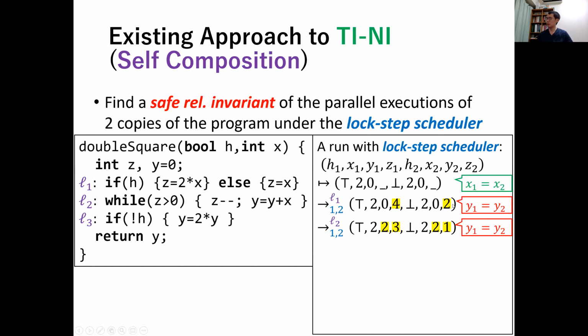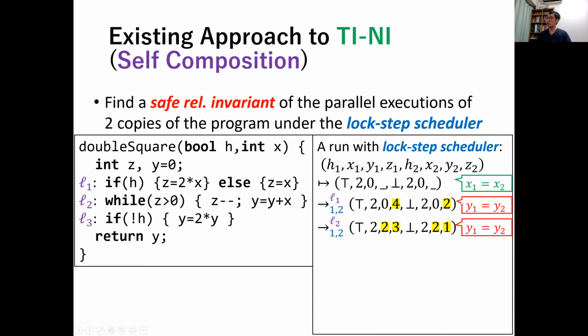You execute them again under lockstep scheduling, and this executes the loop, and the value of Y is incremented by X, so is incremented by 2 in this example run, in both copies, and the value of Z is decremented in both copies. In copy 1, it's decremented from 4 to 3. In copy 2, it is decremented from 2 to 1.